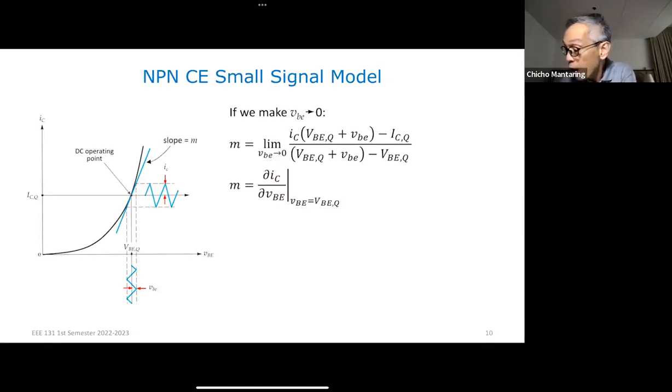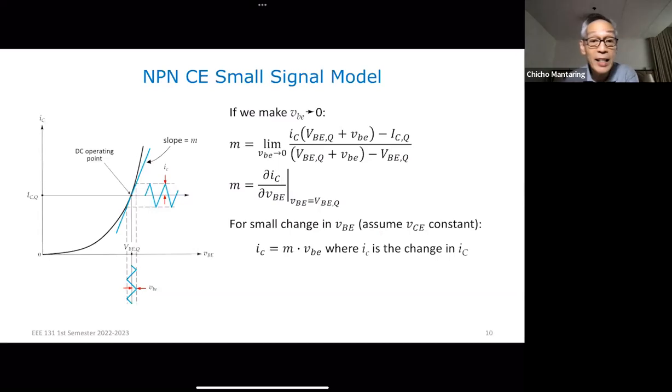So if I wanted to estimate the change in IC with respect to a change in VBE, this is for small changes in capital VBE, and this is assuming VCE is a constant.